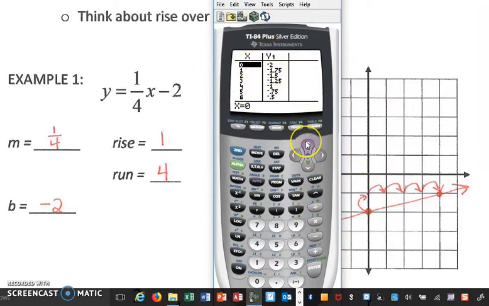So you can scroll up and down and use the whole numbers and integers to draw: 0, negative 2; 4, negative 1; and 6. You don't want to use a decimal, like 8, 0. So you can use the whole numbers or integers to help you draw also. So you can use a graphing calculator.